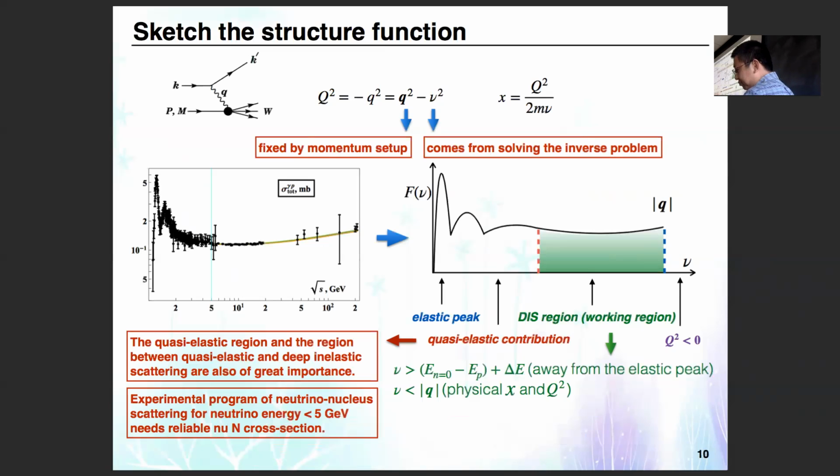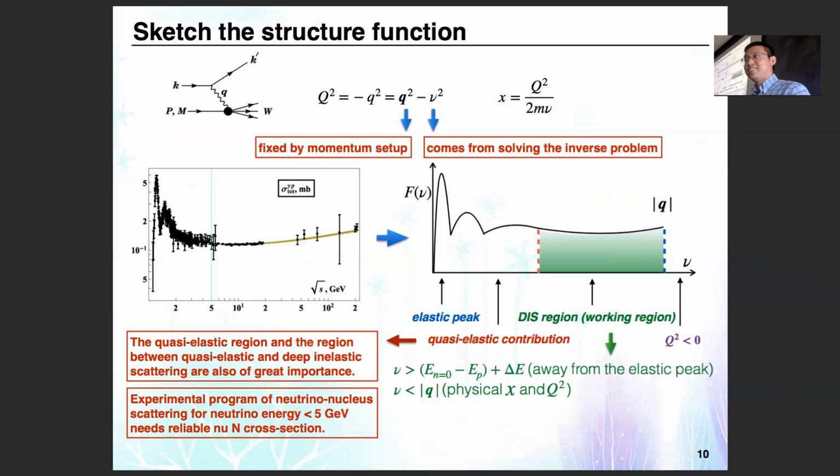And this method, the hadronic tensor, is probably the only way that can handle the quasi-elastic and so on. It's all handled, deep inelastic too, as a function of nu. You can look at elastic and quasi-elastic, and then eventually deep inelastic. So that is what we now start to focus on, instead of just looking at deep inelastic.